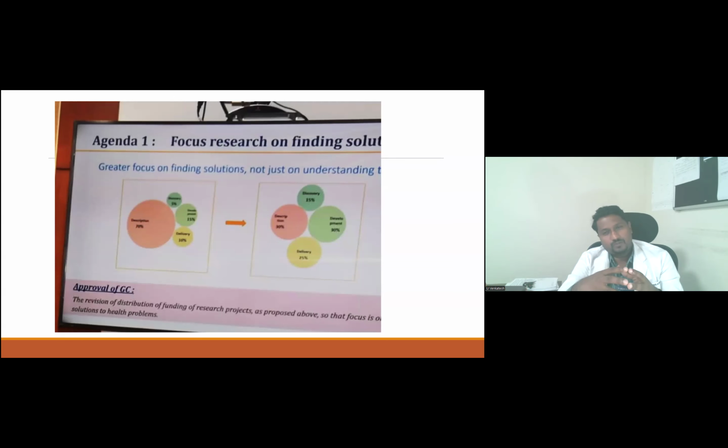Suppose you want to find out prevalence across the nation, or do an assessment, for example a health technology assessment, across the nation. Then the proposal may be selected, but the institution also plays a role. Which institution is conducting that pan-India study is also important. So you will have less chance if you put your research protocol in the descriptive category. Concentrate on the other three.